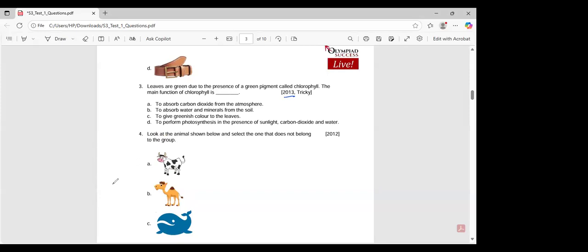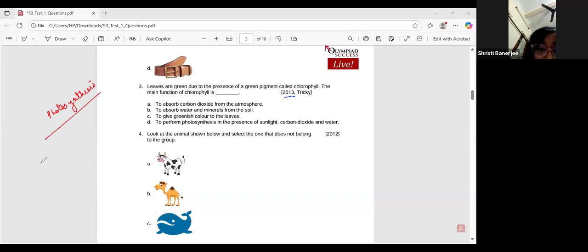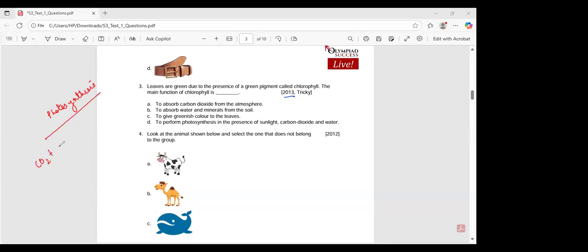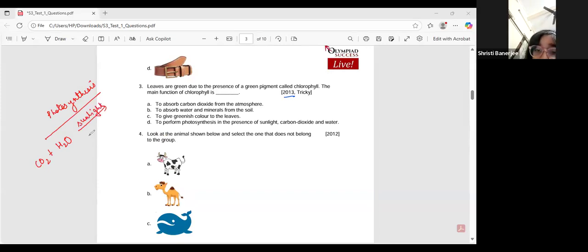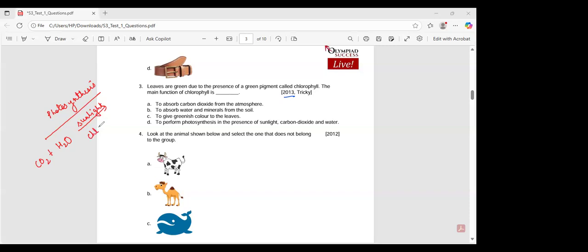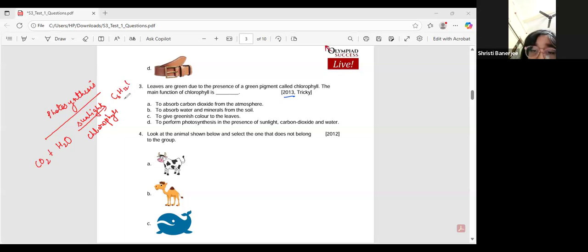Now, here it states: to absorb carbon dioxide from the atmosphere, first option. Second, to absorb water and minerals from the soil. Third, to give greenish color to the leaves. And fourth, to perform photosynthesis in the presence of sunlight, carbon dioxide, and water. So, you know the process of photosynthesis. If you go with the reaction, you use carbon dioxide plus water in the presence of sunlight plus chlorophyll, and this results in the formation of glucose.